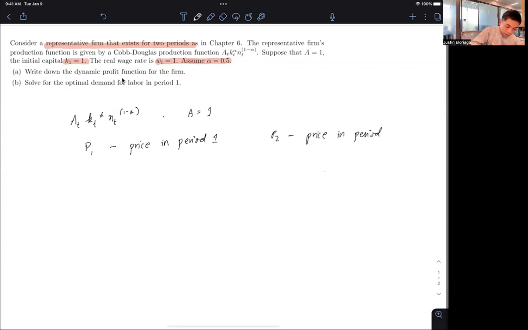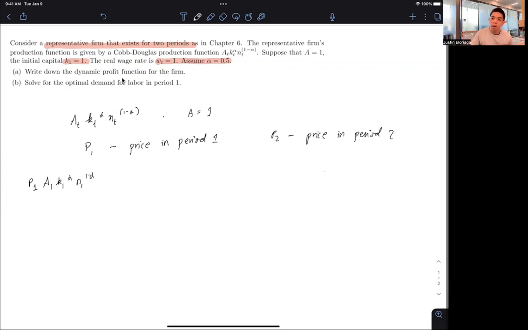To solve for the dynamic profit function of the firm, that's just P1 times A1 K1^alpha N1^(1 minus alpha).